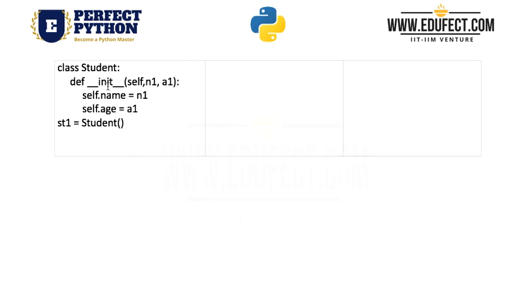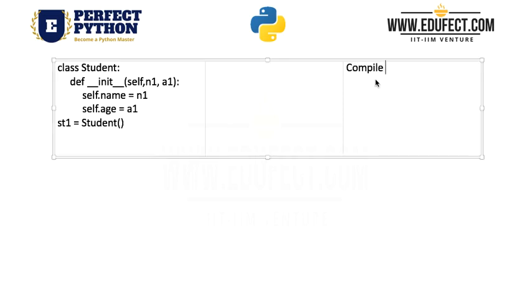We have the same definition here, but we are calling st1 is equal to student. Here again the constructor will get called, but here we are not passing any parameters. So what will happen? It will look for this constructor, and this constructor expected two parameters. So we will get a compile error.